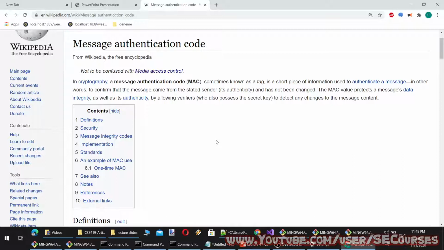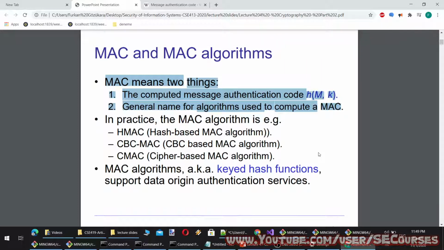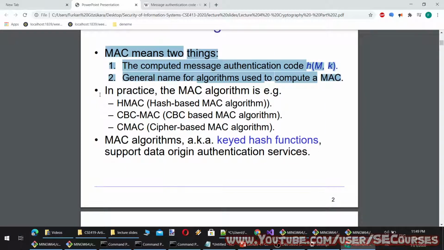This is about verifying that the content of the message is not changed, not forged, and the source of the message is as it is claimed to be. Okay, so let's read our slide. MAC means two things. 1. The Computed Message Authentication Code, HMK. 2. General name for algorithms used to compute a MAC.